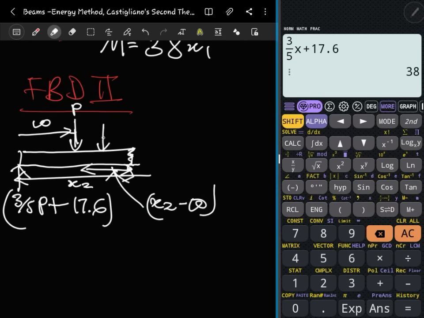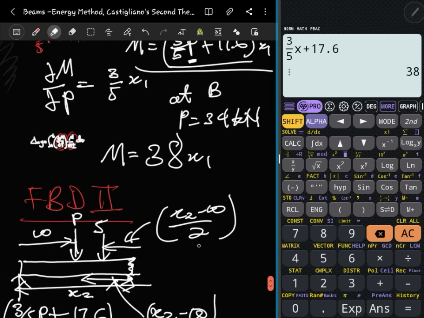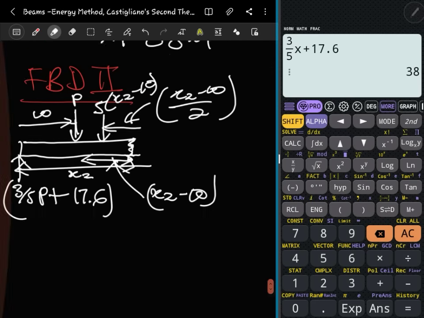Because we are centering this uniform distributed load, this distance will be x2 minus 10 on 2. And then we have this 5 here, which is just a distance. This 5 is acting on the whole X2 times 10, because we are changing the uniform distributed load to a point load.